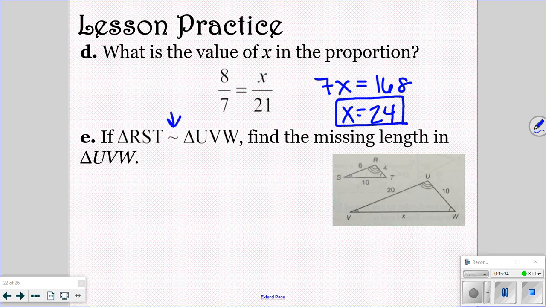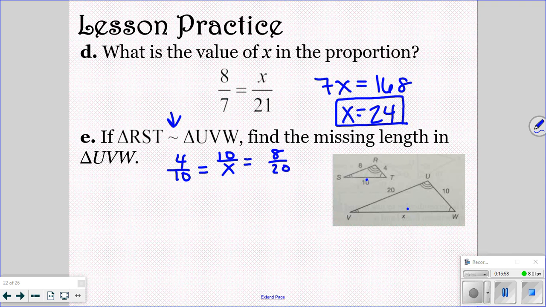We want to find the missing length in our triangle UVW. So if we set up our ratios, one of them could be 4 over 10, and then the other one could be 10 over x. You could also have 8 over 20 if you would like.